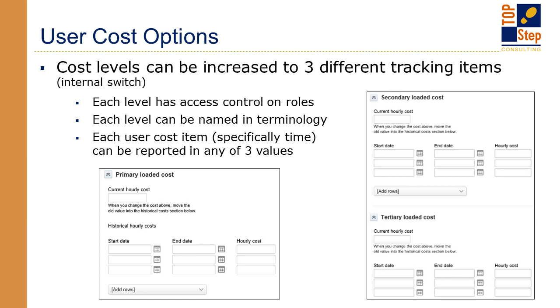The tertiary or the third level cost could be used as a target bill rate for forecast reporting. You could track target bill rates as compared to what was incurred or actually billed and see what the difference or loss is. You can also override the terminology that we see here to anything you like. So the primary loaded cost can be renamed to actual cost.